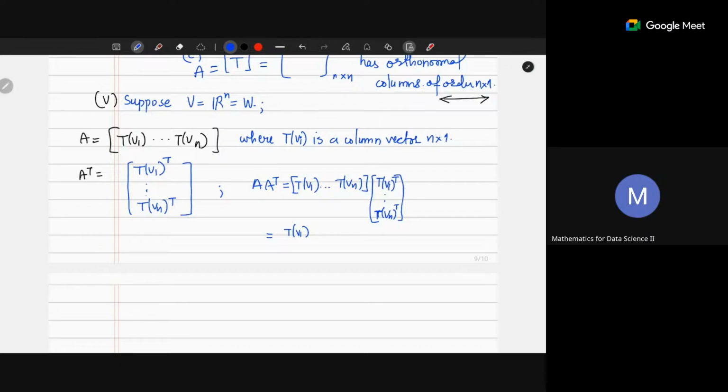So now if you multiply Tv with Tv transpose, this multiplication is the usual dot product.